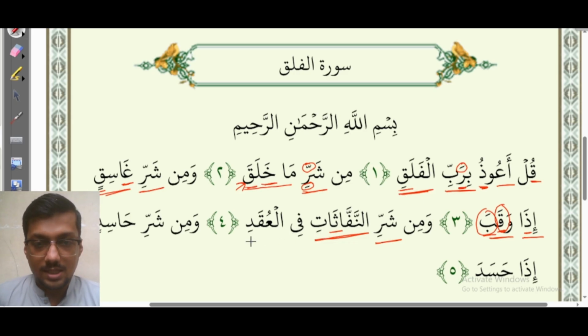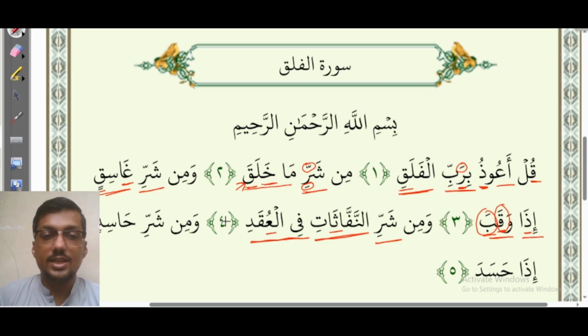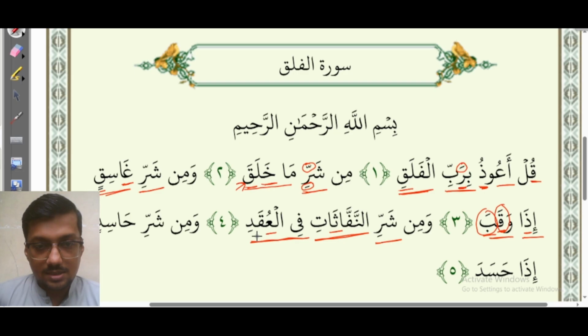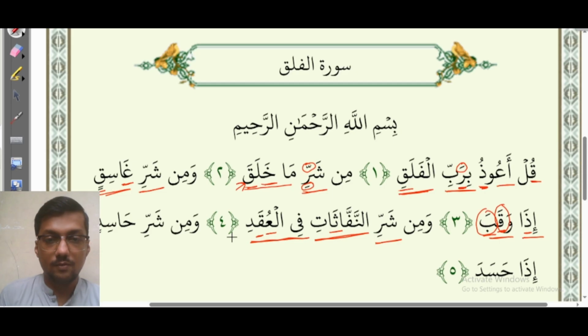Next word is fil'uqad. In this word, we have the letter Ain. We have to make sure that we read the Ain sound properly and do not mix it with the Hamza sound. Next letter is Qaf. As we know, Qaf is a heavy letter, so we have to produce a heavy sound for it.